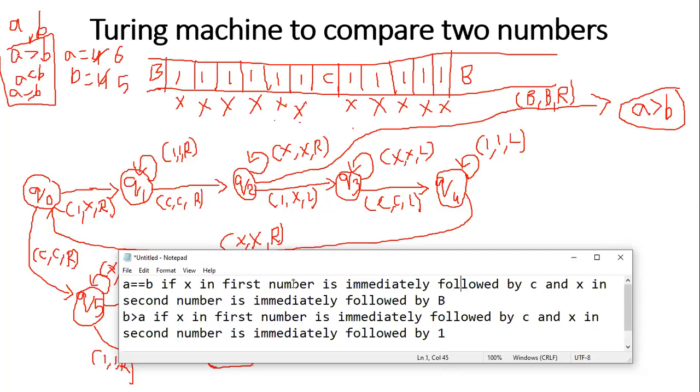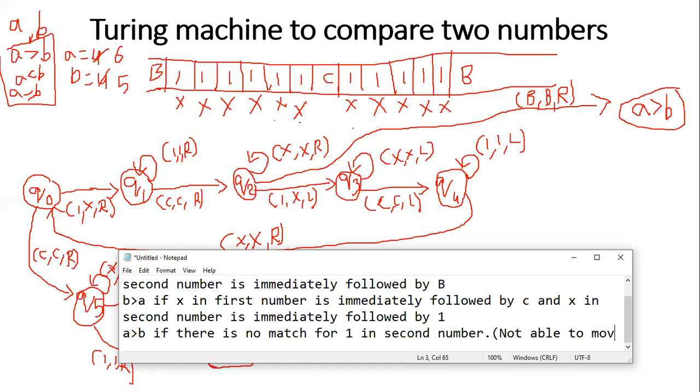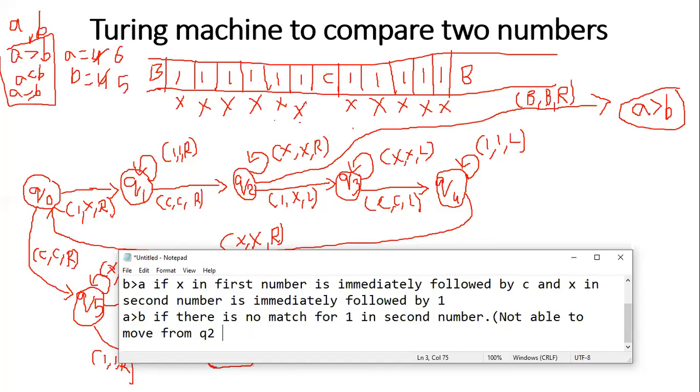So this is for B greater than A. And A is greater than B if there is no match for 1 in the second number, which means not able to move from Q2 to Q3.